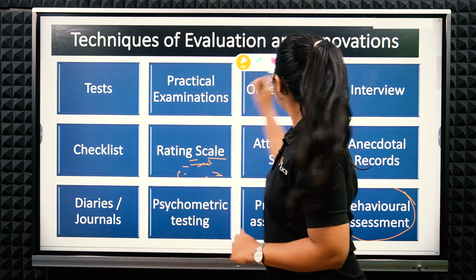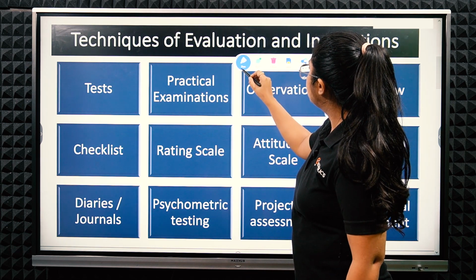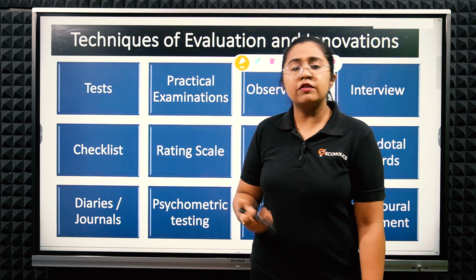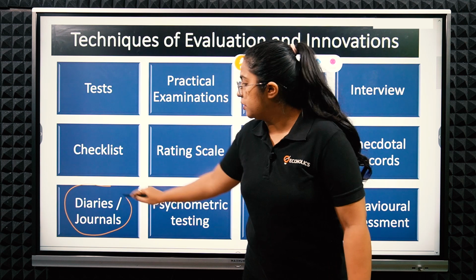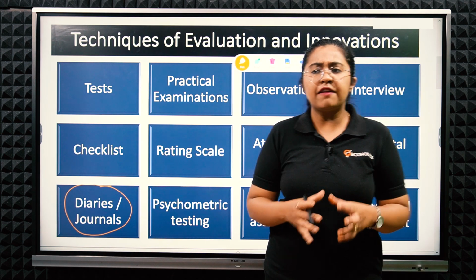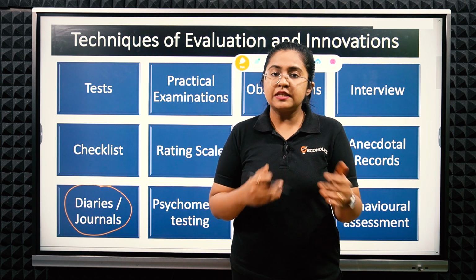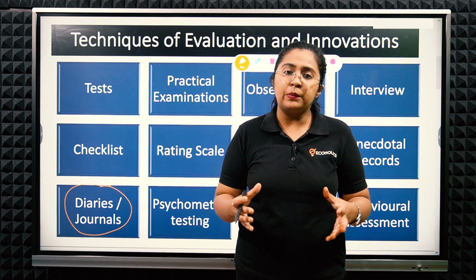Then there's also another way in which evaluation can be done, which is through diaries and journals. Now, this is a very basic, fundamental way, especially at school level assessments and evaluations.